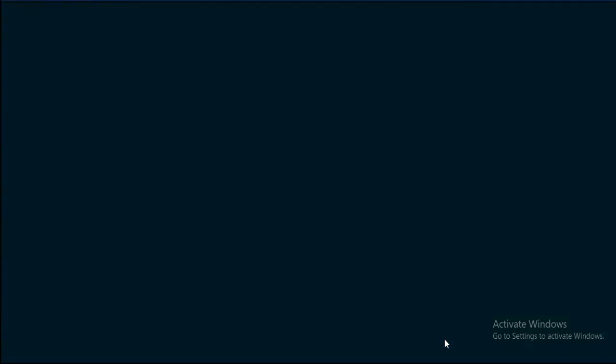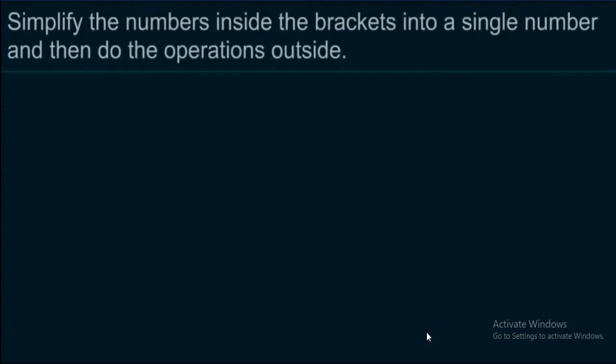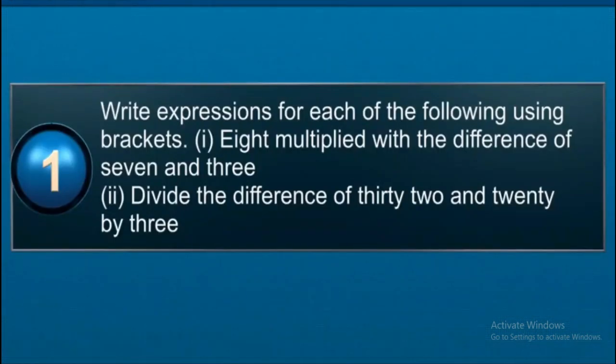In this module, you learnt that the numbers inside the brackets are simplified into a single number and then we do the operations outside. 8 multiplied with the difference of 7 and 3. Divide the difference of 32 and 20 by 3.